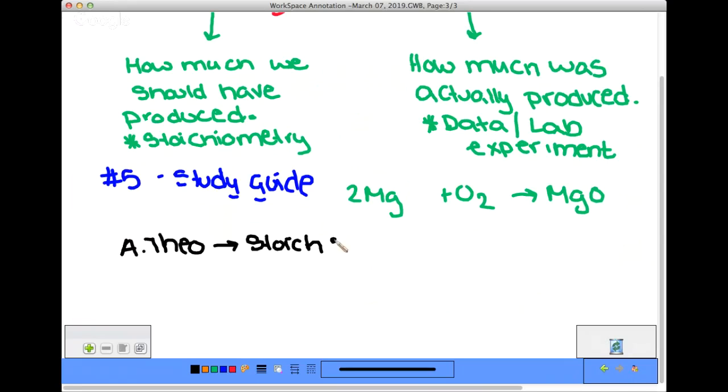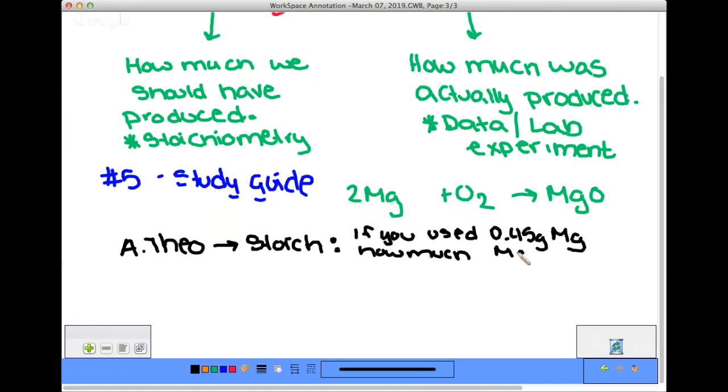So you want to ask the question, for this one: if you used 0.45 grams of magnesium, how much magnesium oxide should have been produced? This is the question that we can use to ask ourselves about the theoretical yield.